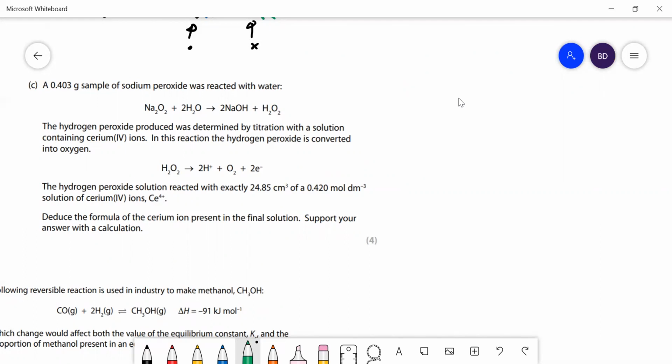In this reaction, the hydrogen peroxide is converted to oxygen. Okay, so what we need to start off with, this is pretty unfamiliar, but let's see, it tells us the concentration and the volume of the cerium 4+ solution. So let's work out the moles of cerium.